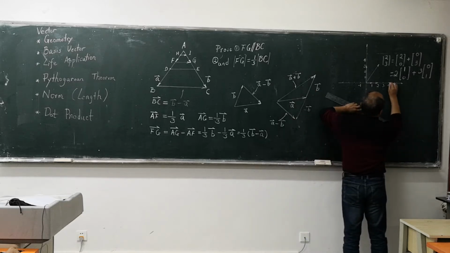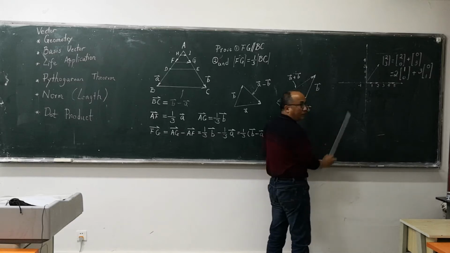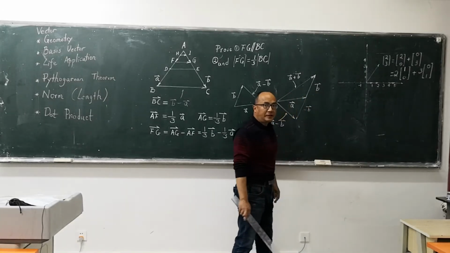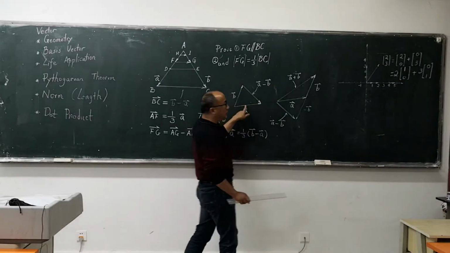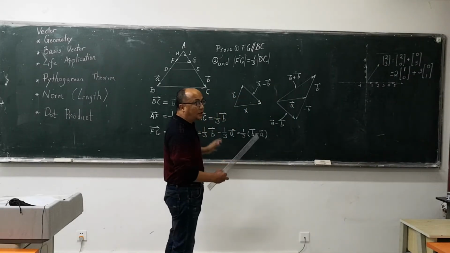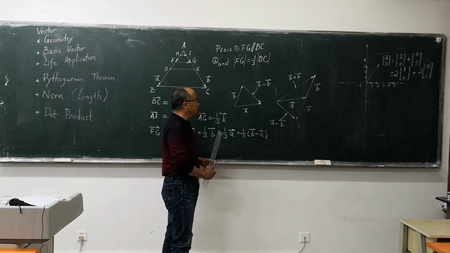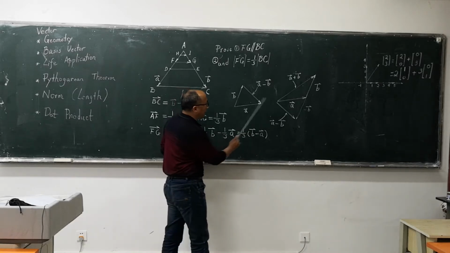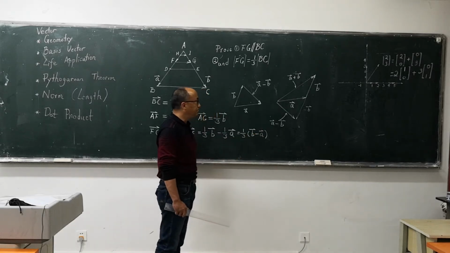This one is also (1, 0), okay? Not necessarily starting from 0. Many times we don't care about the origin. We don't need the origin. This is why this and this are identical.